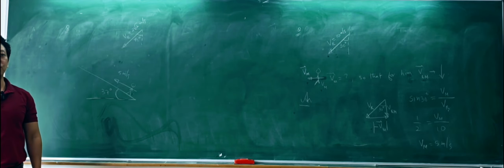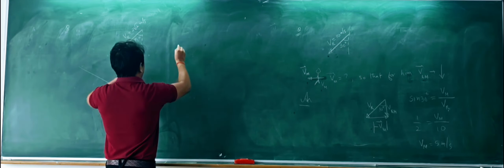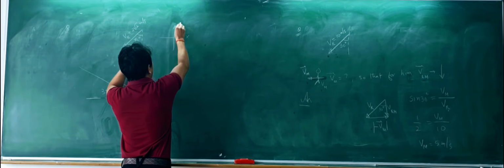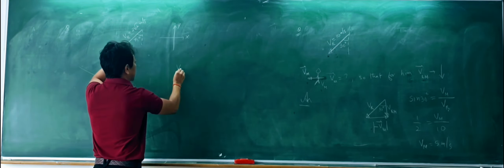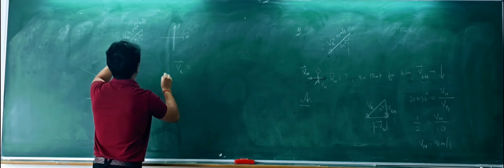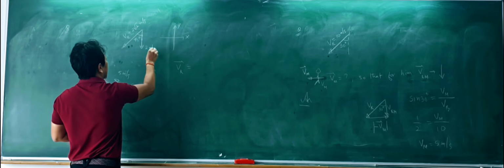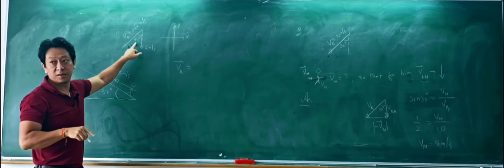So instead, what we will do, we will take help of components. So we will first write the velocity. First we will choose positive x here, positive y here, the standard way, and then we'll write rain's velocity first. Take components. So this will be 2 meters per second, but remember cos 45, because tomorrow this will be 30 degrees.